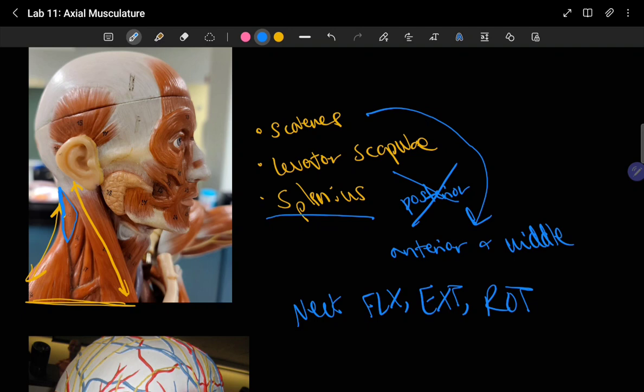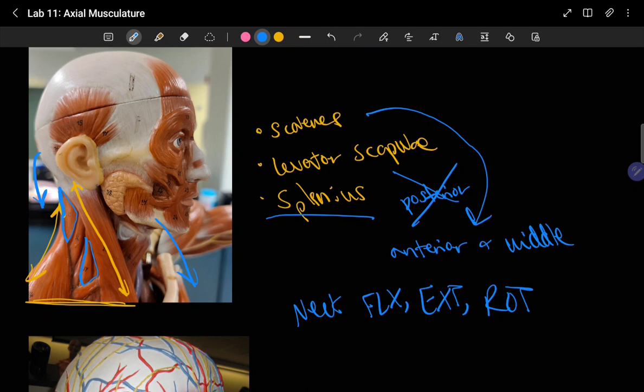These are helping to extend and rotate head and neck. So note the difference in position here. Scalenes are more anterior. When they contract, they're going to help flex the neck, bring it forward. Splenius is more posterior, so when this muscle contracts, it's going to bring the head this way and extend the neck. So think about those positions and how they're going to affect the action of the muscle.